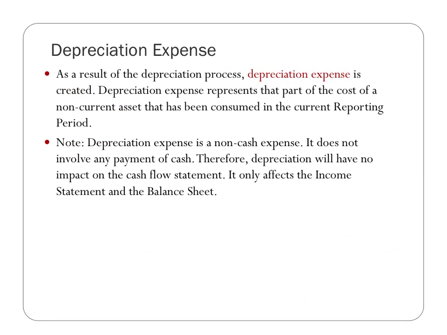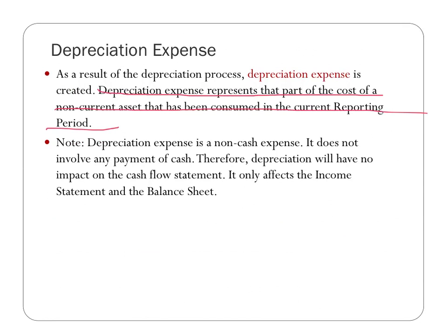As a result of the depreciation process, the depreciation expense is created. The definition of depreciation expense is that it represents that part of the cost of a non-current asset that has been consumed in the current reporting period. Depreciation expense is another example of a non-cash expense.